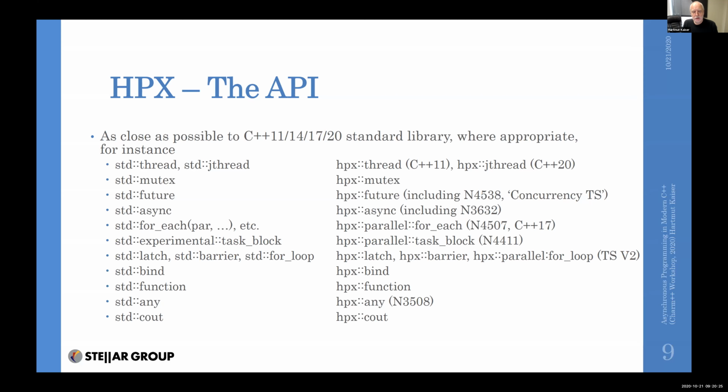Well, we want to extend the APIs the standard gives us for the distributed use case. So in the case of std function, you can bind an HPX function on one node, send it over the wire, and execute it on the other node, which is very interesting, very powerful, very C++-like, and helps writing modern C++ code.